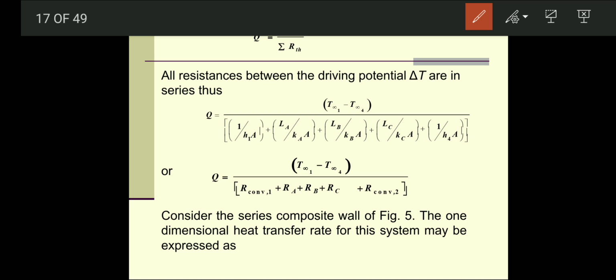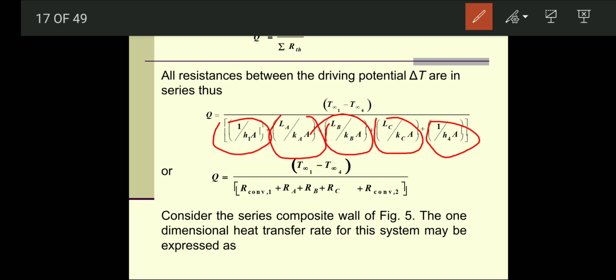According to Fourier's law, Q is equal to T infinity 1 minus T infinity 4, where T infinity 1 is the temperature of the hot fluid and T infinity 4 is the temperature of the cold fluid for the total wall, divided by the first resistance, the convective resistance 1 upon H1A, second LA upon KA into A, the conductive resistance, third LB upon KB into A, the conductive resistance for the second slab B, and the third LC upon KC into A, again a conductive resistance, and then again a convective resistance.